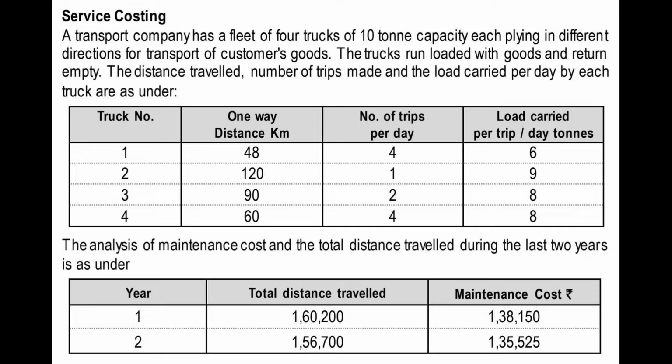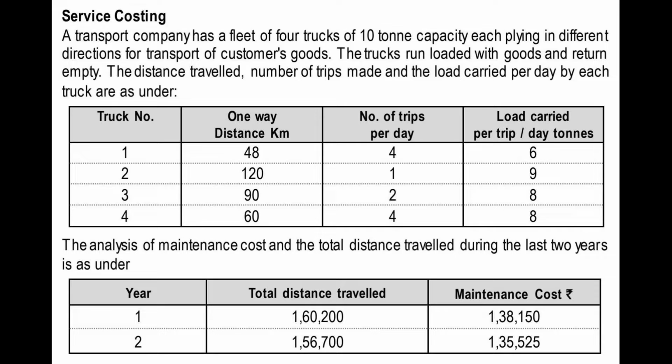The second truck, distance 120 kilometers, number of trips 1, load is 9 tons. Third, 90 kilometers, 2 trips and 8 tons. Then the fourth truck, 60 kilometers, 4 trips and 8 tons.